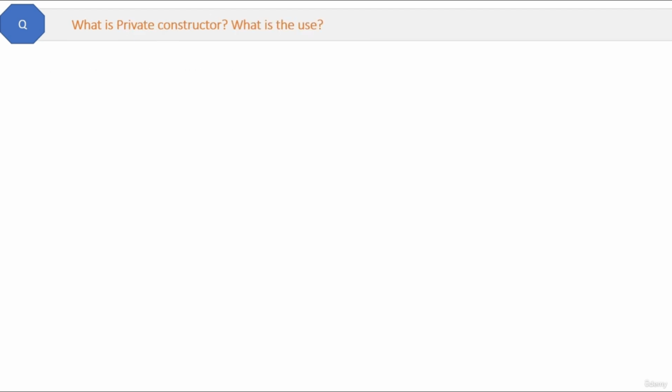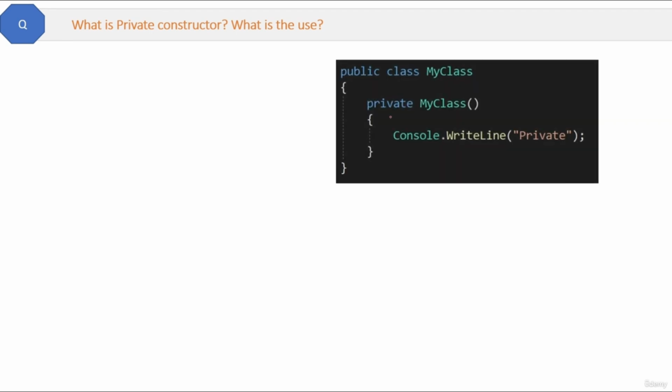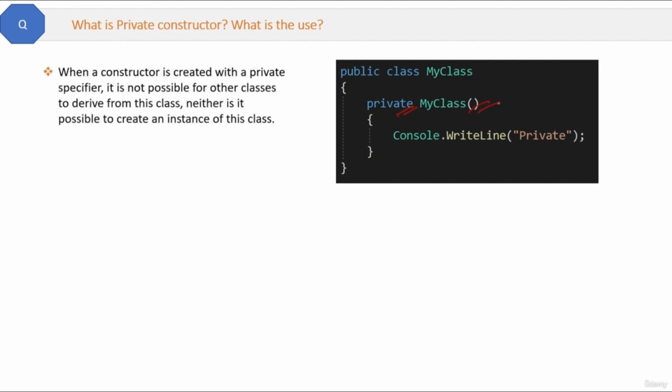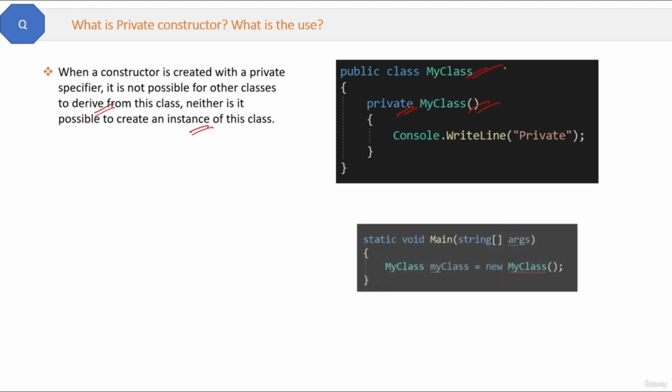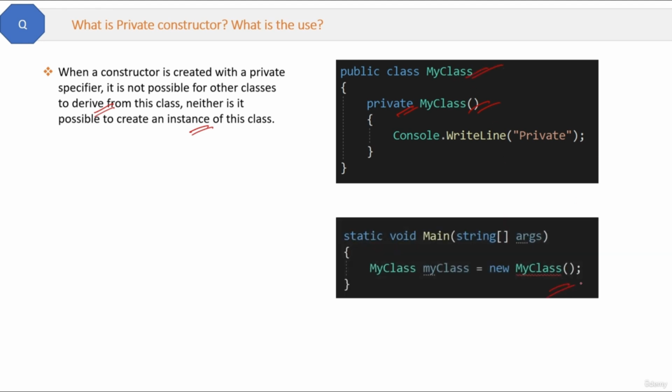What is private constructor? What is the use? In the code here, you can see the class with a private constructor. The definition is when a constructor is created with private specifier, it is not possible for other classes to derive from the class, neither is it possible to create the object of this class. For example, if I create the object of the class here like this, then see, the compiler will not let me do this because this class constructor is private.